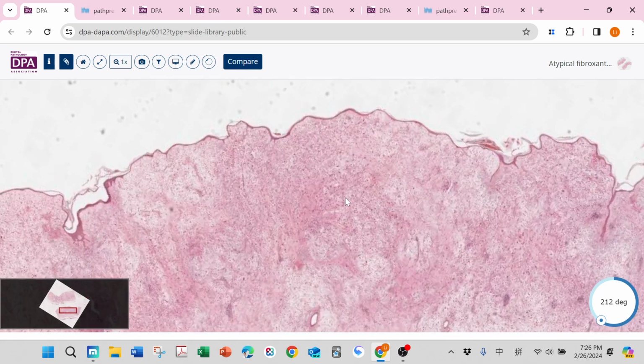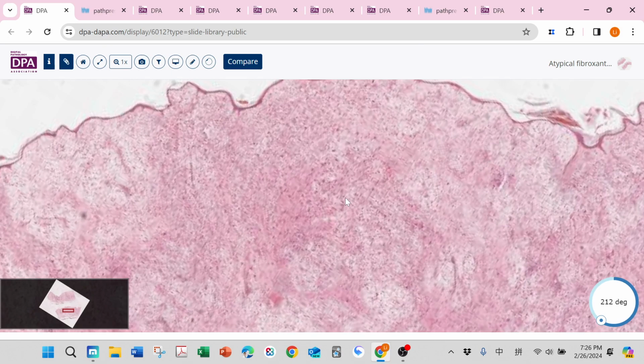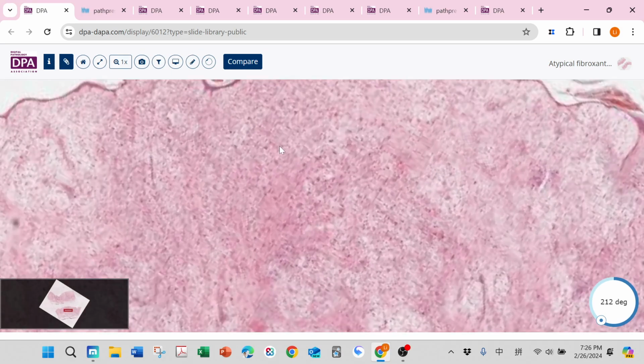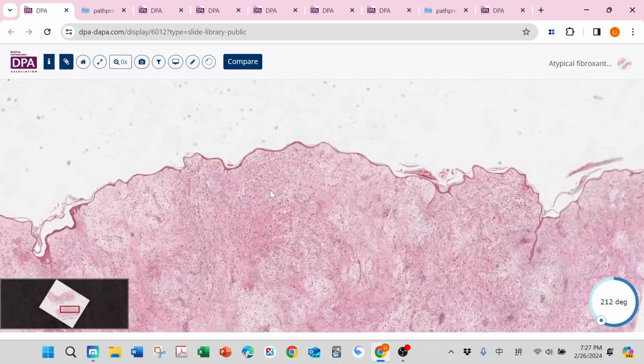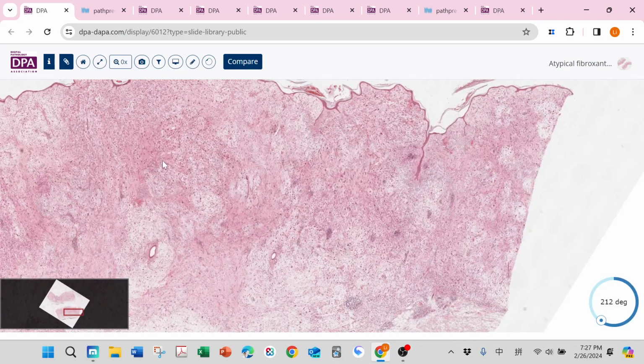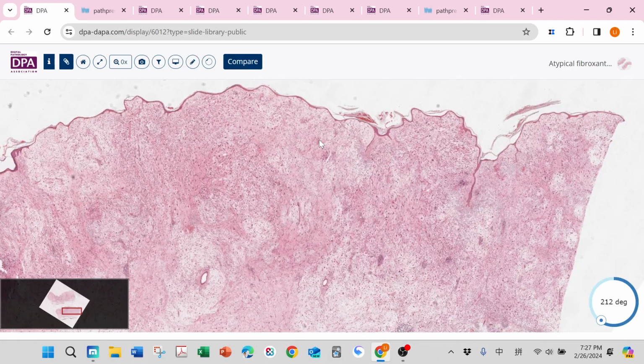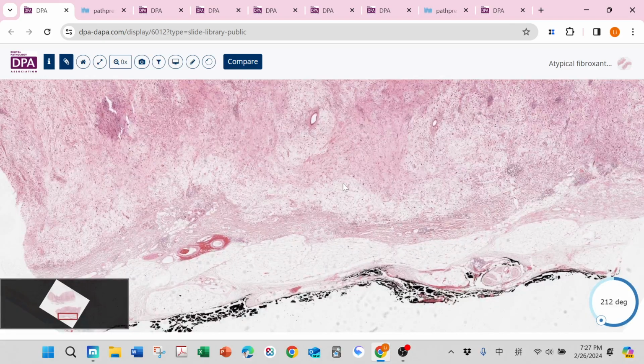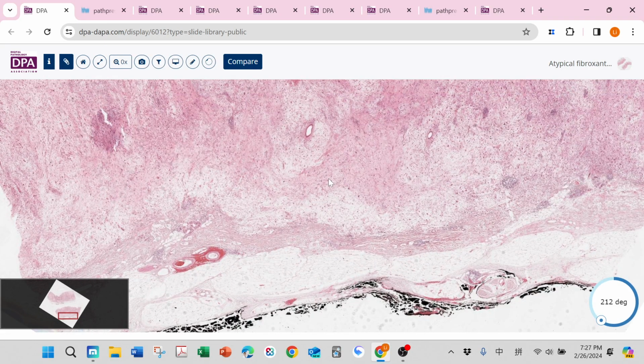Again, this is one more sample of atypical fibroxanthoma, in this big excisional sample. This lesion almost goes down to the subcutaneous fat.